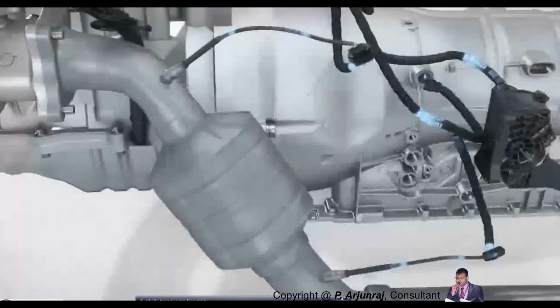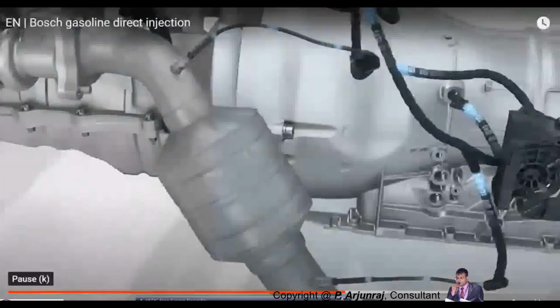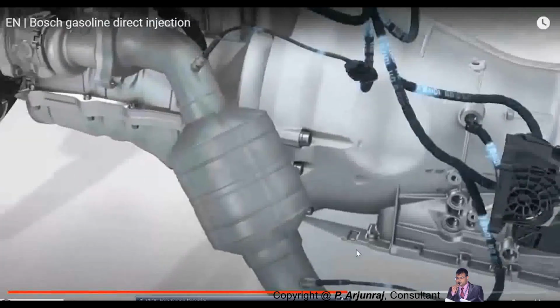These are sensors like NOx sensors and temperature sensors to measure the amount of NOx or the temperature you have. Again, you have sensors.